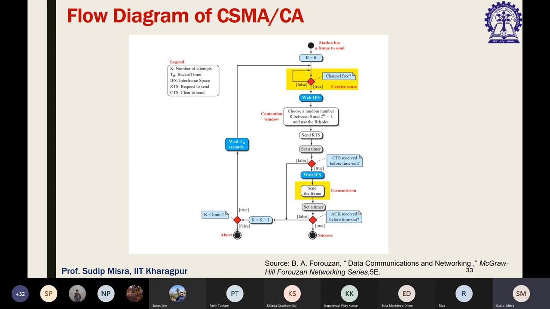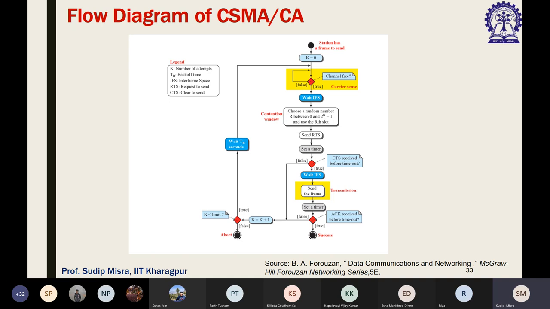So let us look at the flow diagram of CSMA/CA. Like before, K equals 0, but over here, if the channel is free, before doing anything else, it first waits for the IFS duration of time. Now the question you will ask is how much is that IFS duration. It depends on the wireless network you are talking about.